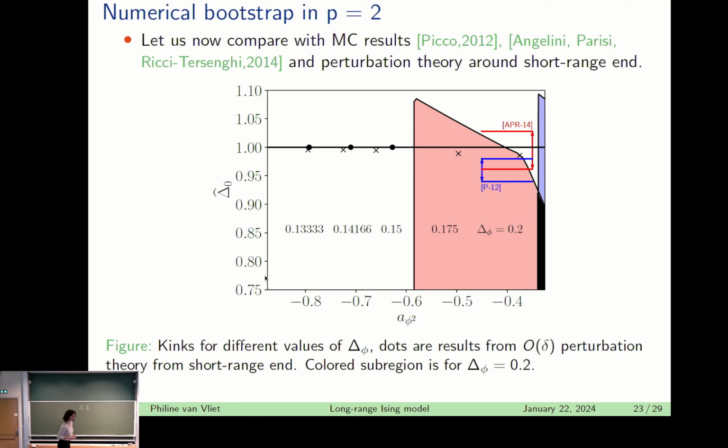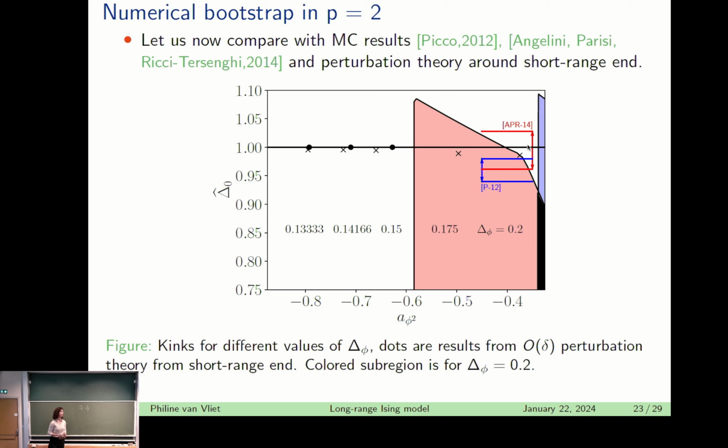Okay, I see that I have to speed up a little bit, so let me just show you one last comparison, and now not with perturbation theory data, but with Monte Carlo simulations. There have been Monte Carlo simulations by two different groups, which are the most recent results, that have shown some discrepancy between them.